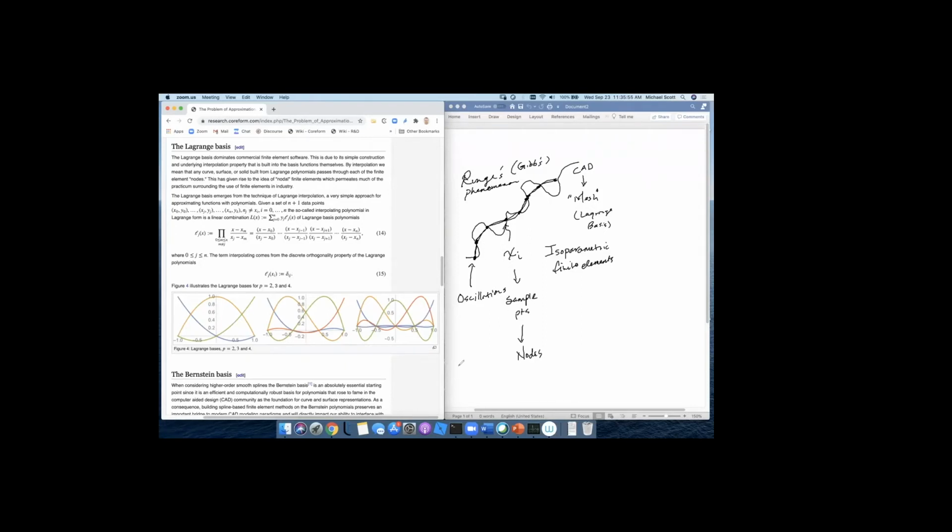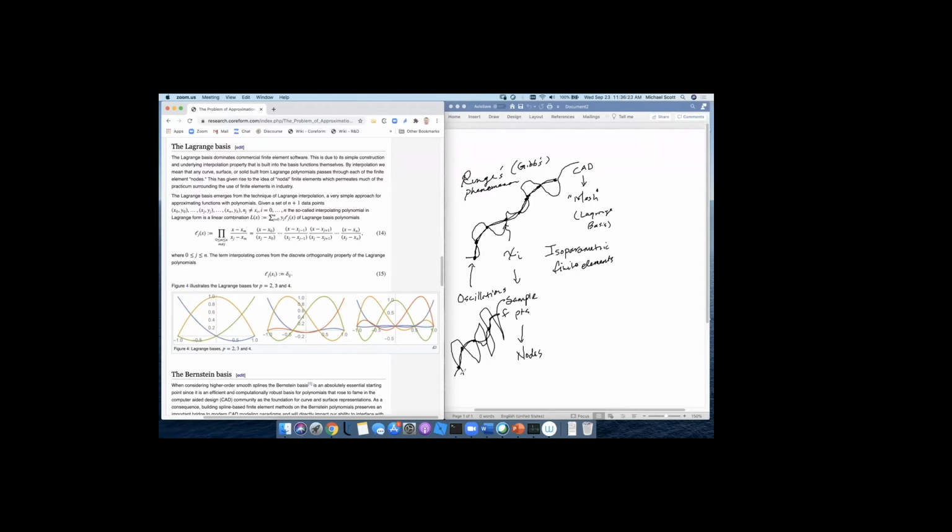Well, the way it works is you have some object f. You say, I'm going to interpolate at these points, and depending on where you put the points, the interpolating polynomial that you compute may be a really nice close fit, or maybe it'll be like this. It depends on where you put the points.